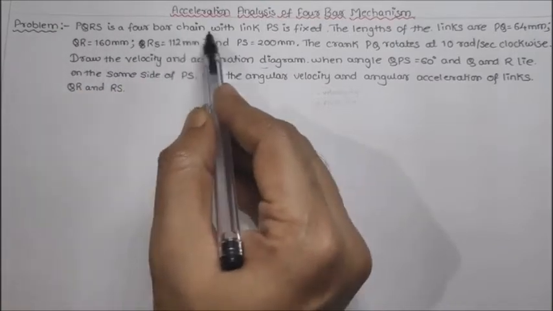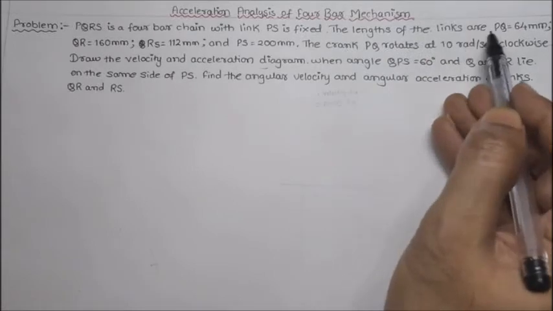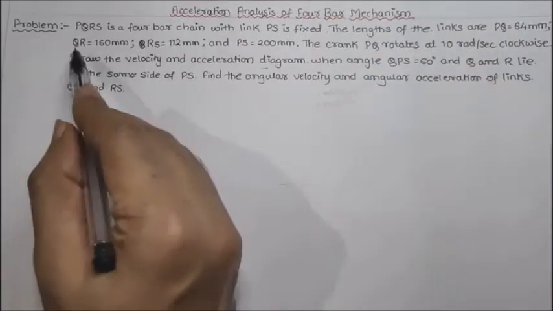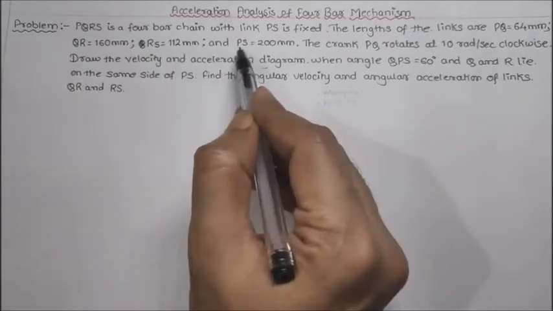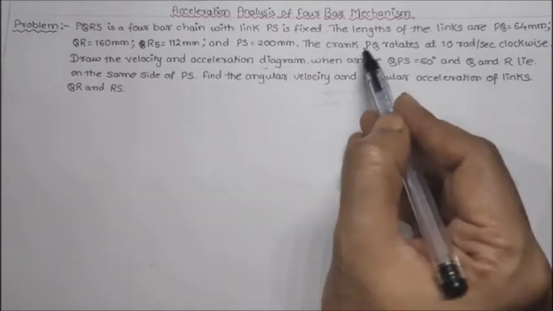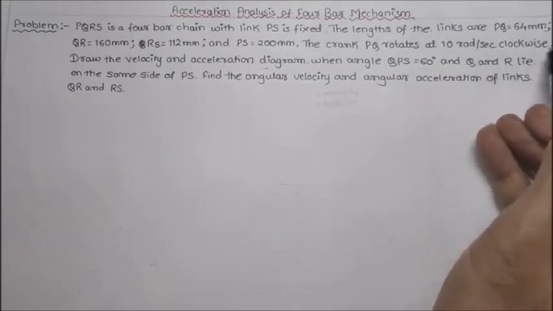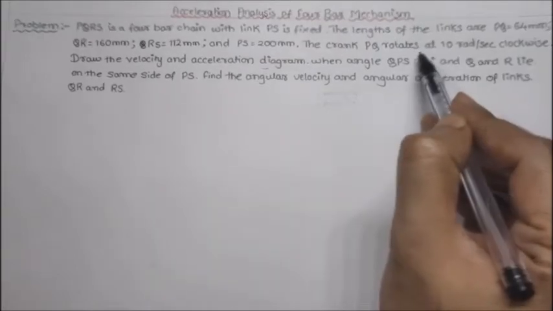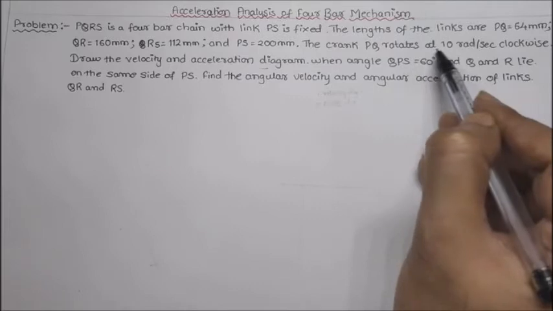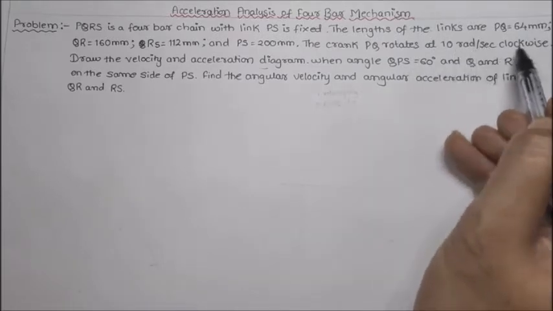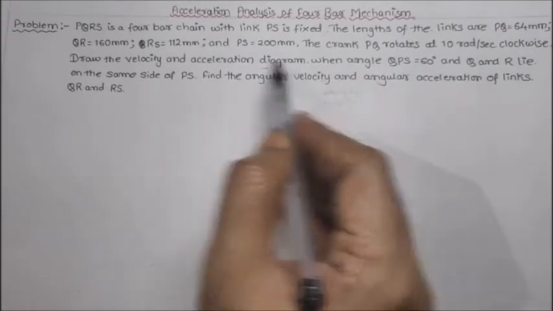PQRS is a four-bar chain with the link PS fixed. The lengths of the links are PQ 64 mm, QR 160 mm, RS equal to 112 mm and PS 200 mm. The crank PQ rotates at 10 radians per sec clockwise. So he has given the angular speed. Draw the velocity and acceleration diagram.